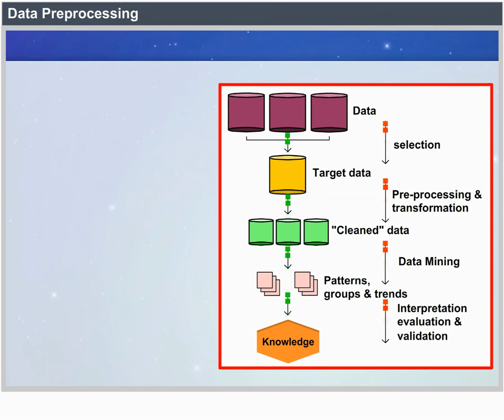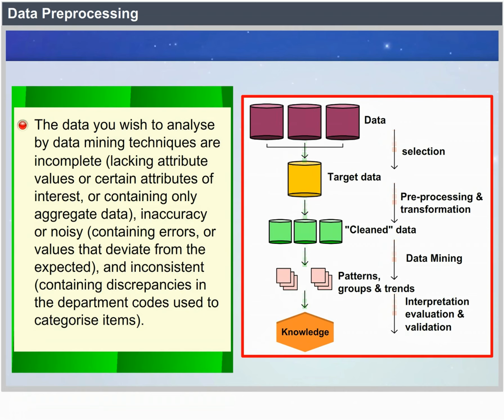The data to be analyzed by data mining techniques are incomplete, lacking attribute values or certain attributes of interest, or containing only aggregate data; inaccurate or noisy, containing errors or values that deviate from the expected; and inconsistent, containing discrepancies in the department codes used to categorize items.